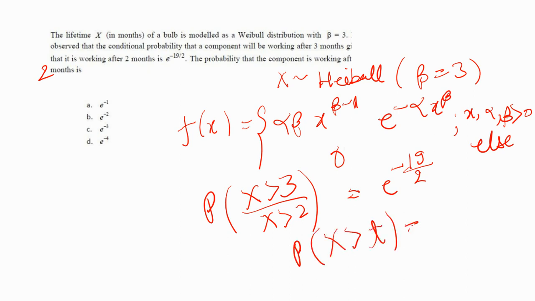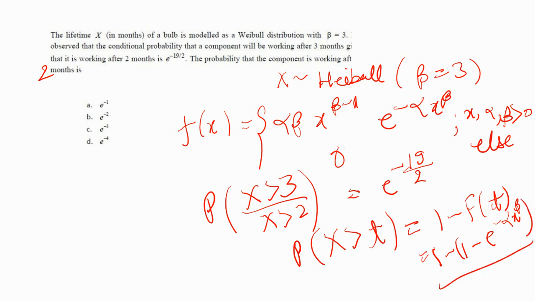So this is 1 minus F of t, whatever you want to say, and 1 minus F of t is 1 minus 1 minus e to the power minus alpha t to the power beta.